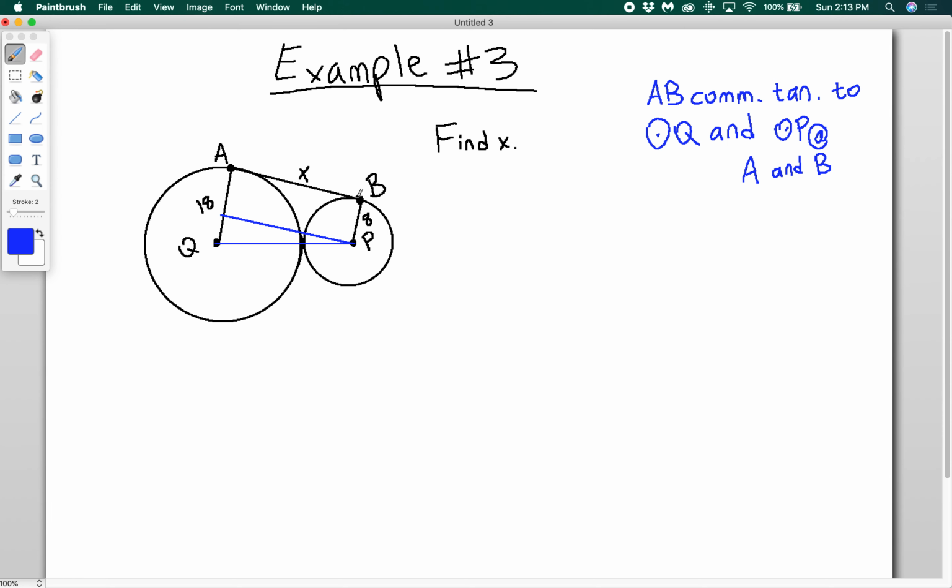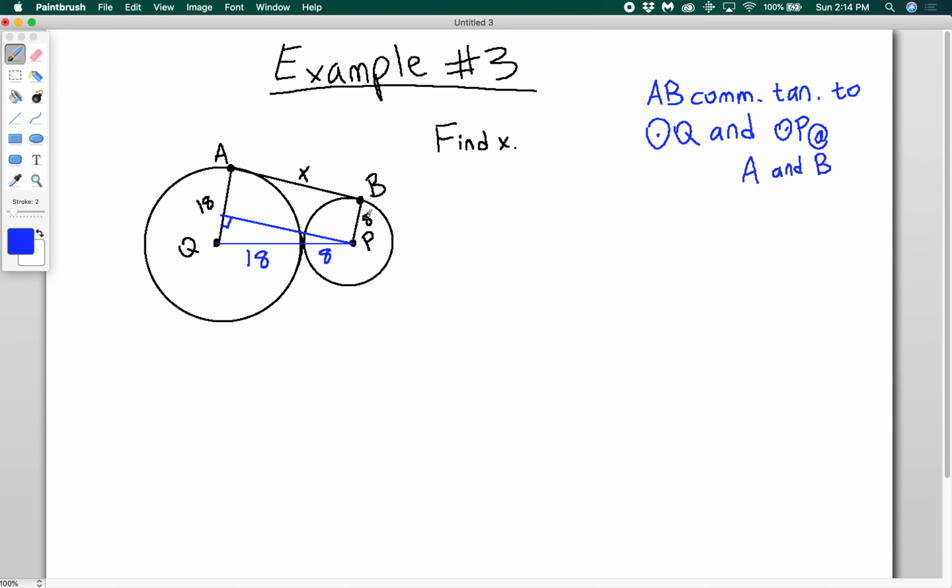And once we do this, the problem becomes much easier to solve because I know the length from here to here is 18. I know that this is a right angle, right? Because these two lines are parallel. I know from P to this point in between is going to be 8, right? Because that's the length of the radius of the circle. And then I know that this is a rectangle, right?